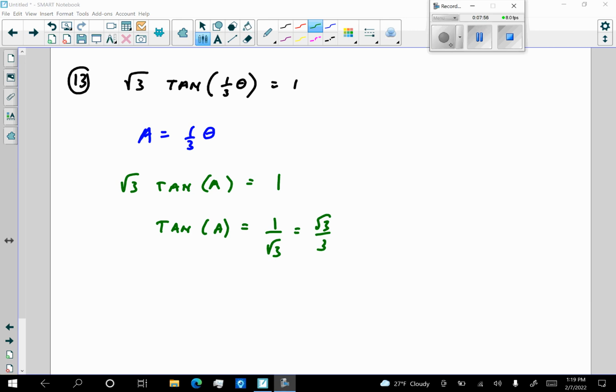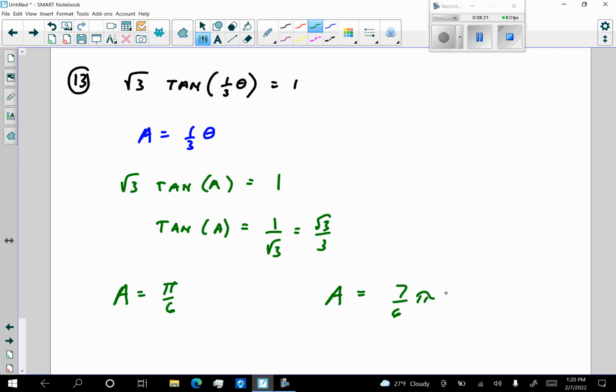And we need to know which angles map to a positive square root of 3 over 3. And we know, because we are extremely proficient using the unit circle, that A is going to equal pi over 6, or A is going to be 7/6 pi.